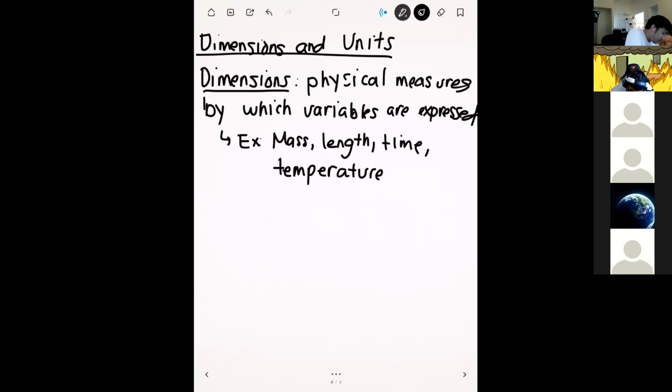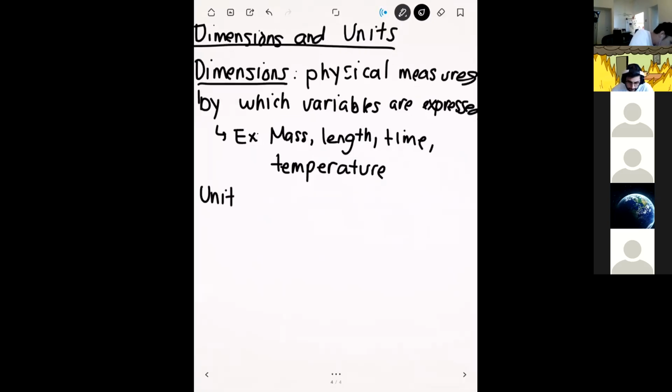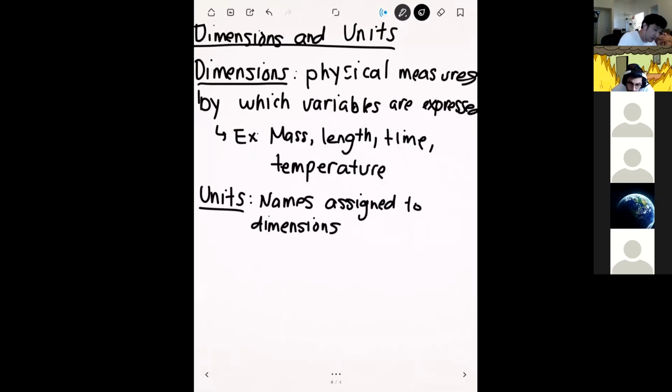Okay, so that's dimensions. Let's talk units. So units are simply just the names that we give to certain dimensions under certain systems. So some examples that you probably are familiar with, we have the kg or the kilogram.